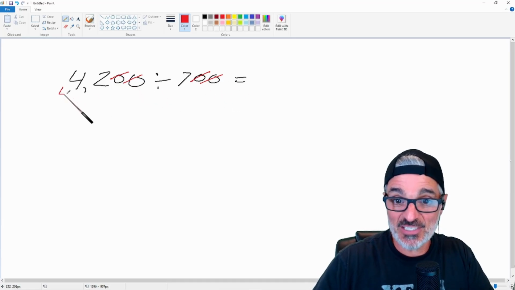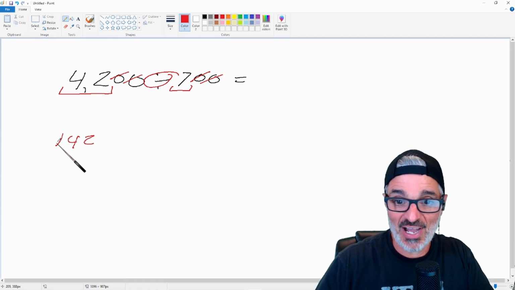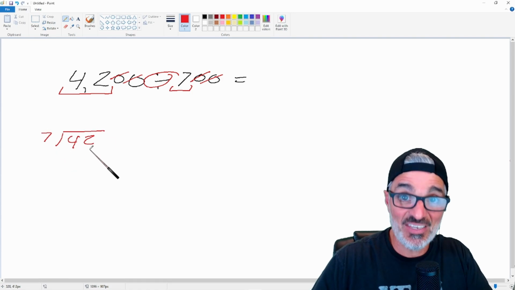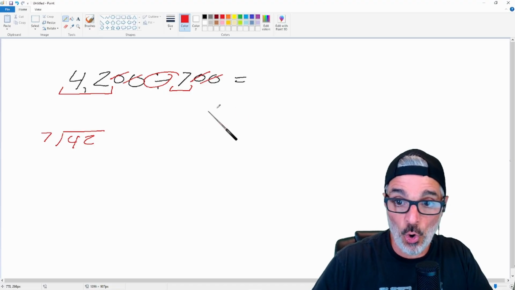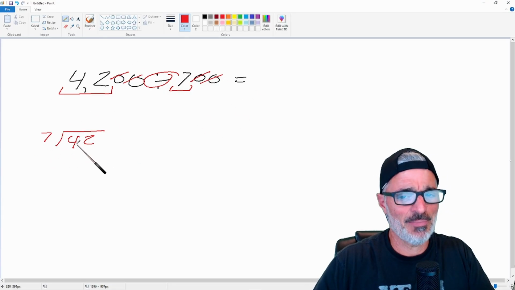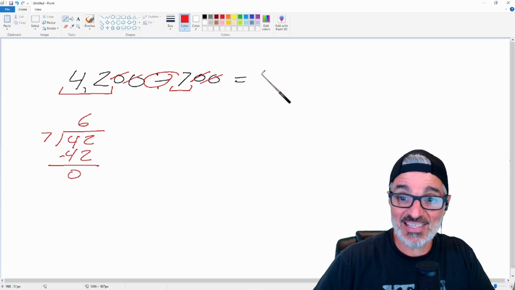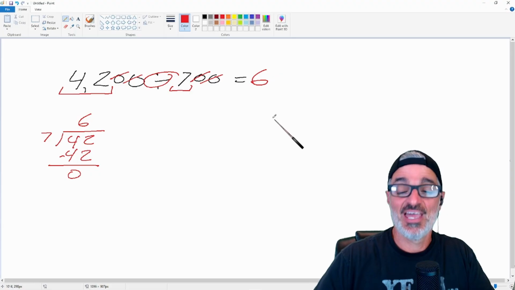So what's left is 42 divided by 7. And that's going to give me the answer to this whole problem. 42 divided by 7 would be 6, because 6 times 7 is 42. So that means that the answer here is 6.